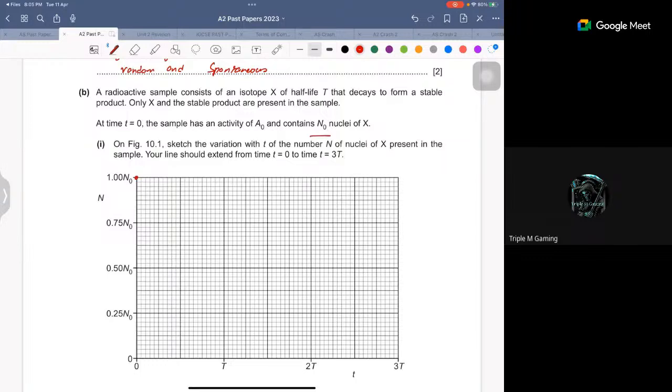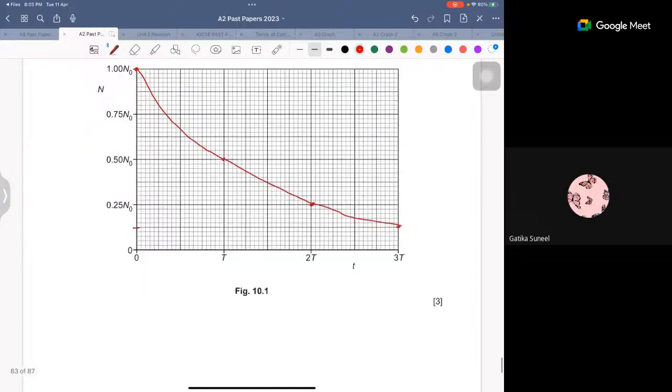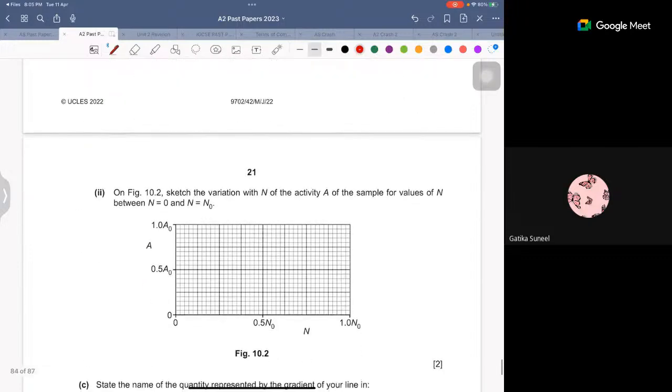At T, it will be halved, so this will be here at T. At 2T, it is going to be halved again, which is going to be here. And at 3T, it is going to be halved again. So this half will be here, right? You are going to make a smooth curve like this.